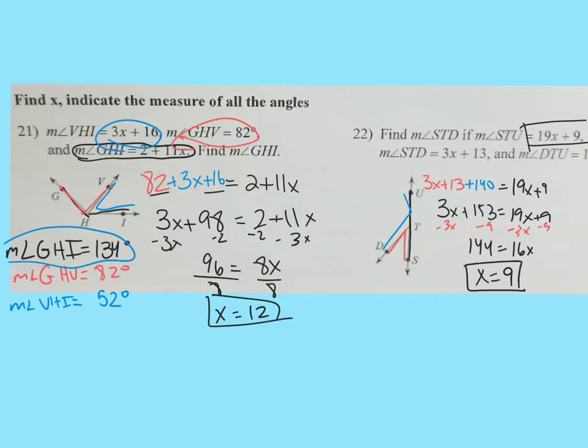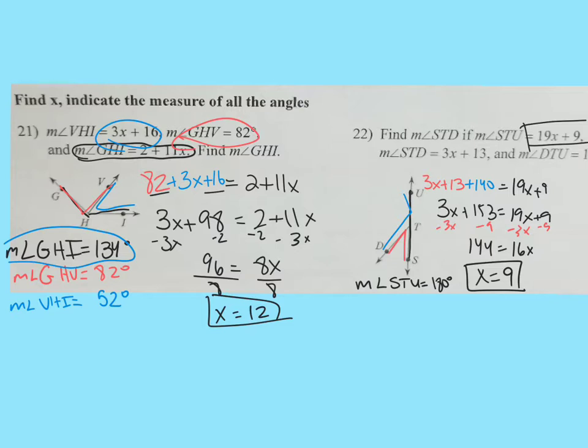So now I'm going to plug it in and get my answers. The first thing I'm going to do, I'm going to say the measurement of angle STU equals 19 times 9 plus 9. I get 180 degrees. So it did look like a straight line, and it was.